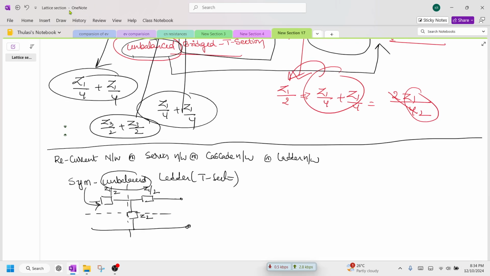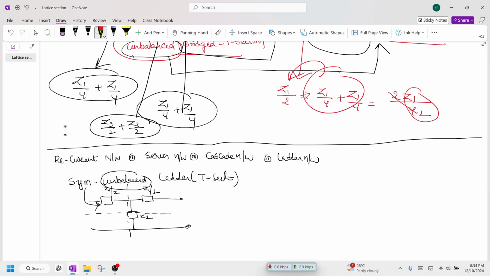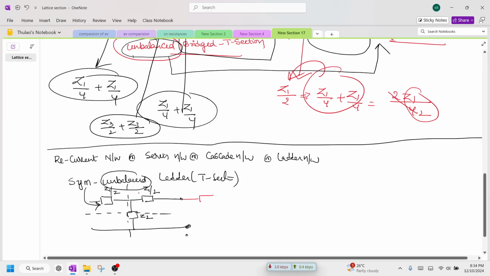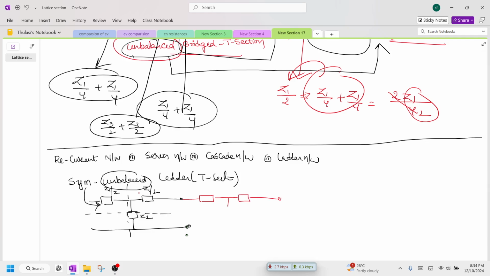So now we need to construct another same network as shown below. Redraw the network and write this as Z1 by 2, and the next one is also Z1 by 2, and the next one we have another network, and we are going to join these two.